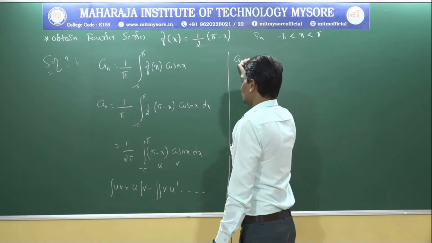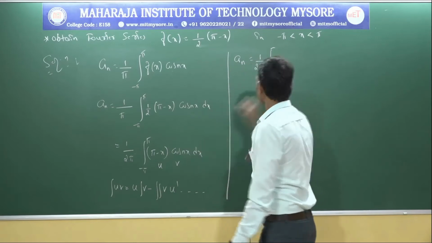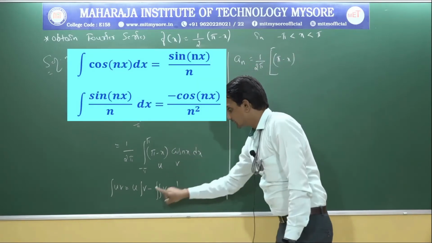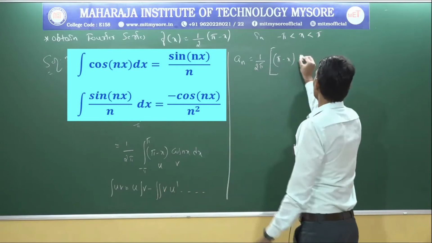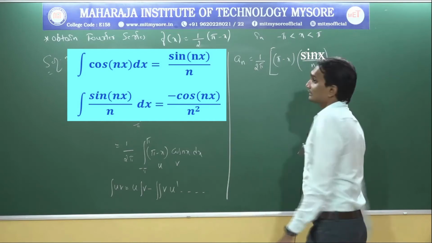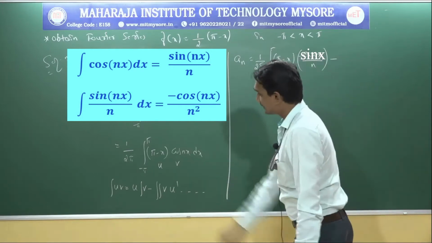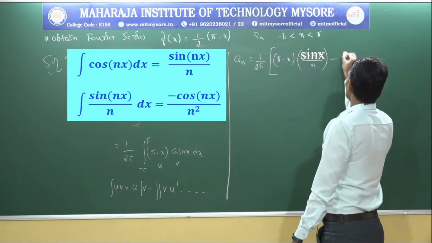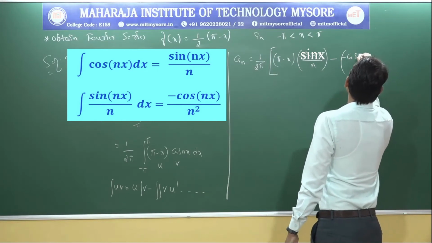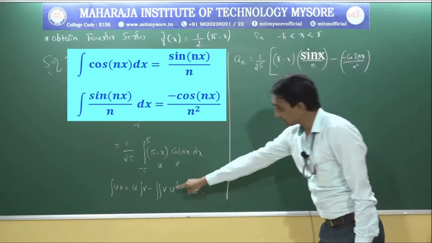So an equals 1 by 2 pi bracket, the first value as it is, pi minus x, cos nx integration, cos becomes sin, sin nx by n, minus integral of, one time minus sin nx by n, and one more time minus cos nx by n square, since we need to integrate two times.